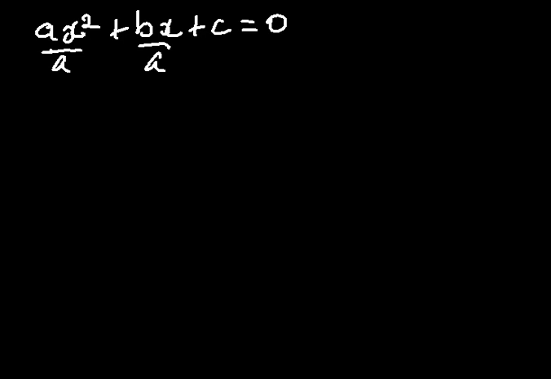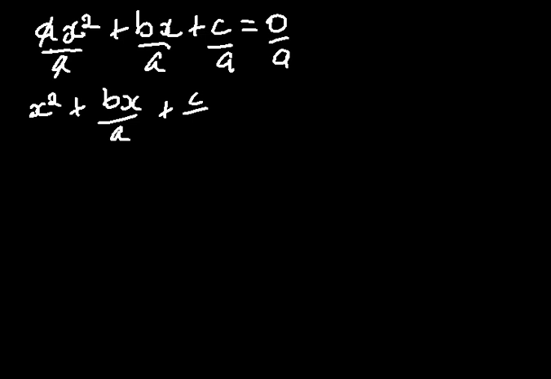So we have x squared plus bx over a plus c over a, which is equal to 0. The principles being used are the same as those we use when solving a quadratic equation using the completing the square method.